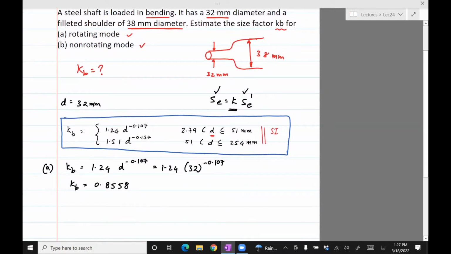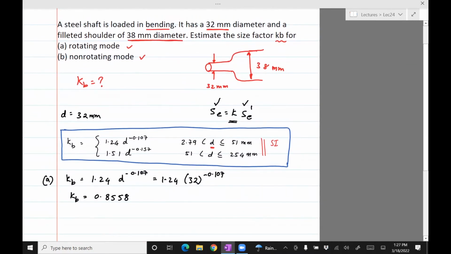Okay, so there's an ambiguity here, right? There is a 32 mm diameter, 38 mm diameter, and so which one do you use? I use 32, because I'm assuming that the smaller diameter part will fail first, so the critical stress would be in the 32 mm, and that's why I'm solving KB based on that.